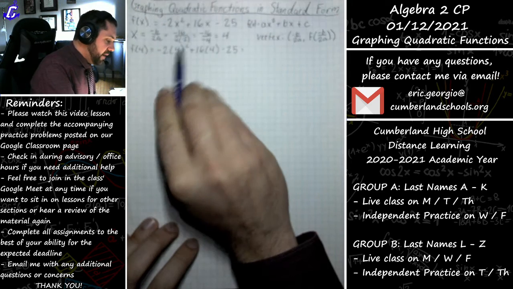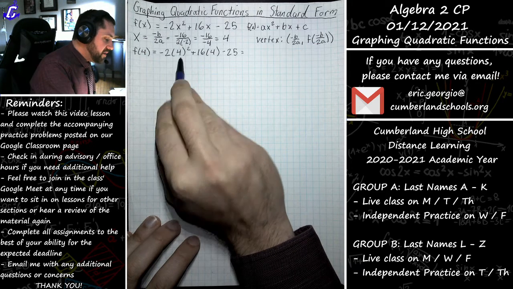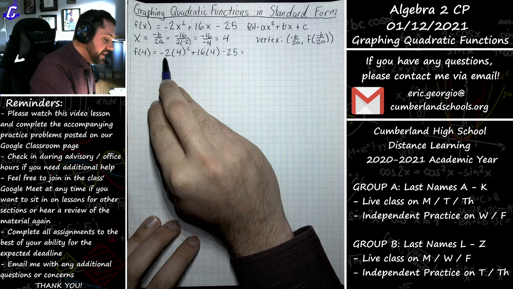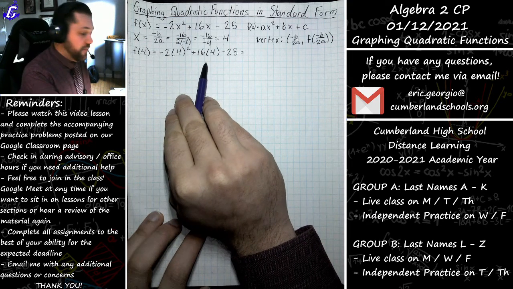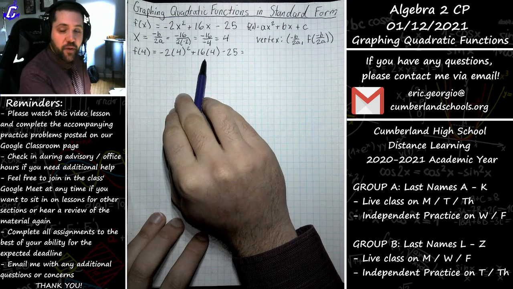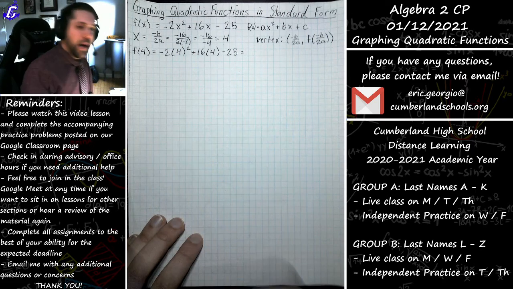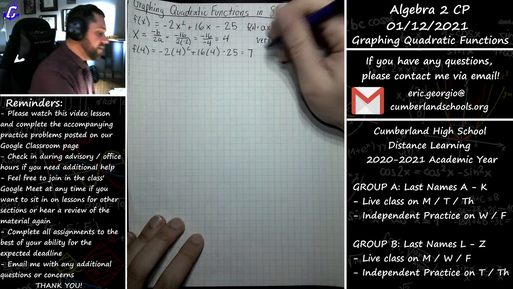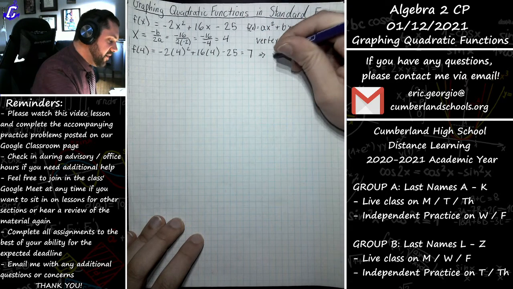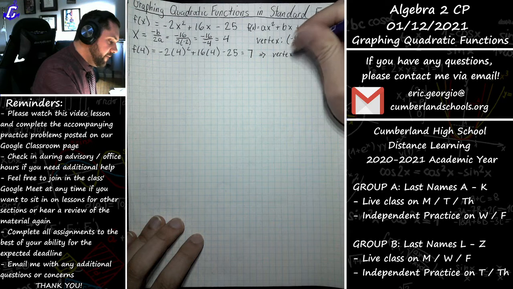Remember that we're going to square first, then multiply. 4 squared is 16 times negative 2 is negative 32. Plus 16 times 4 is 64. Negative 32 plus 64 is positive 32. Minus 25, that's going to be positive 7. And so therefore, our vertex is going to be 4 comma 7.